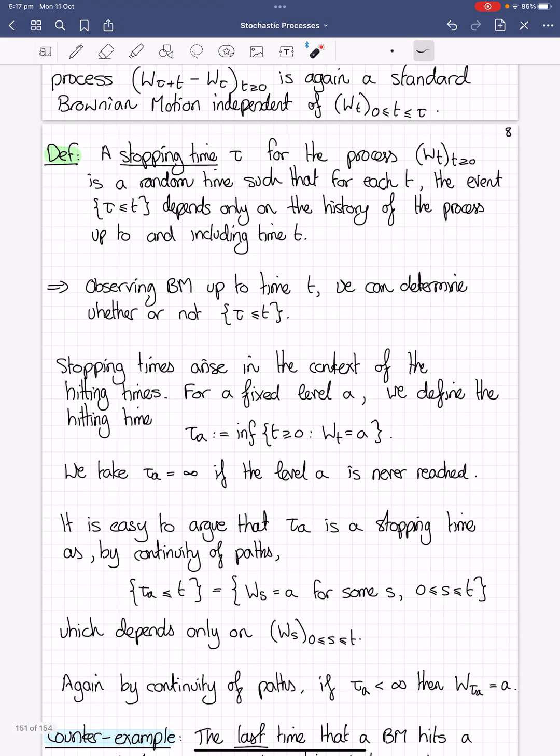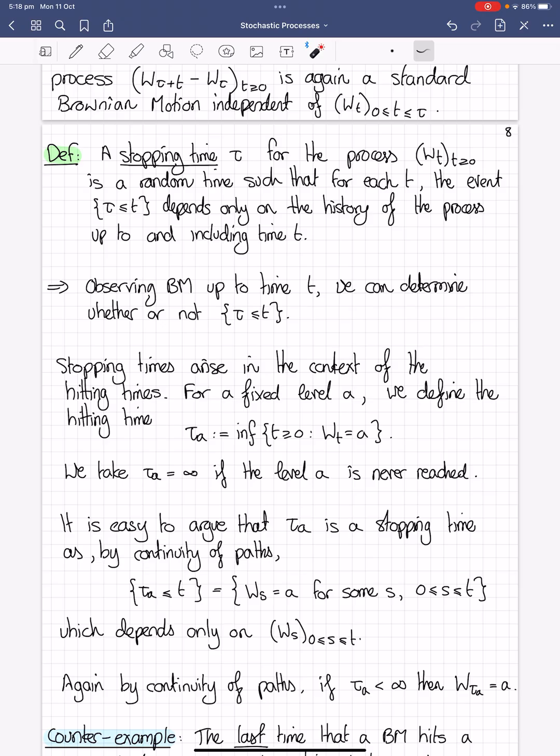So it's quite easy to argue that this tau A that I've defined here is actually a proper stopping time by the continuity of paths of Brownian motion. These continuity of paths are going to come up again and again with a lot of proofs around Brownian motion, and it's a powerful property.